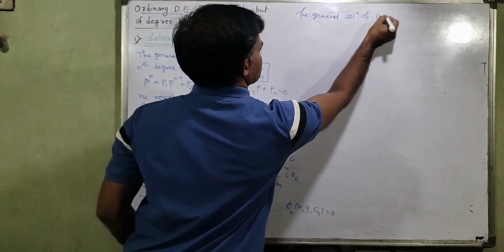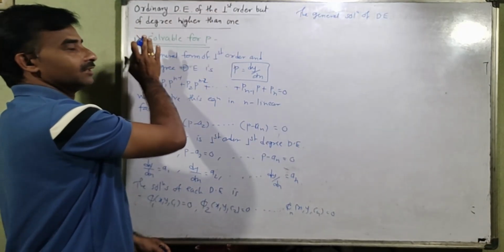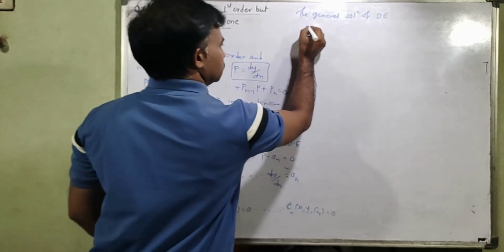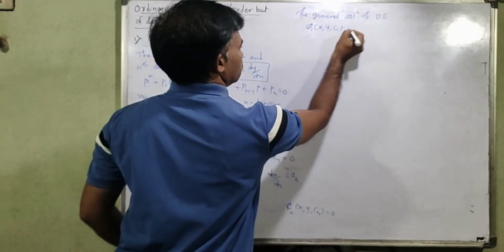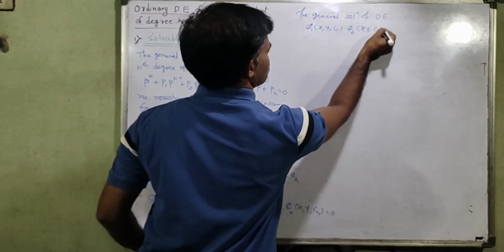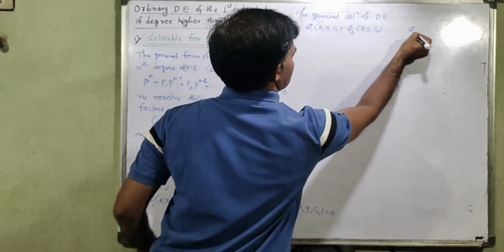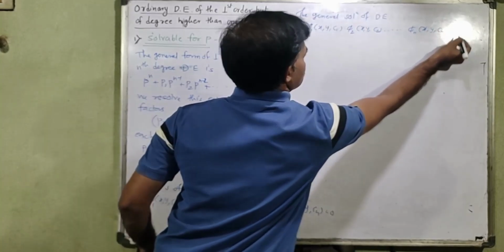of the differential equation. That means this first order nth degree differential equation is phi 1(x, y, c1) times phi 2(x, y, c2), and so on up to phi n(x, y, cn) is equal to 0.